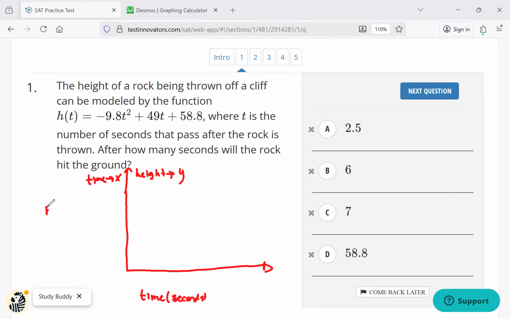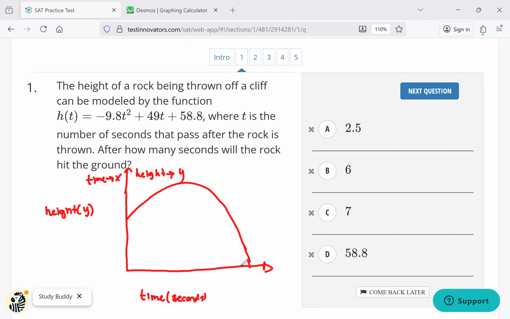If you graph it, I know it has a y-intercept of 58.8, so it's going to curve like this. And what you're doing is trying to find the x-intercept.